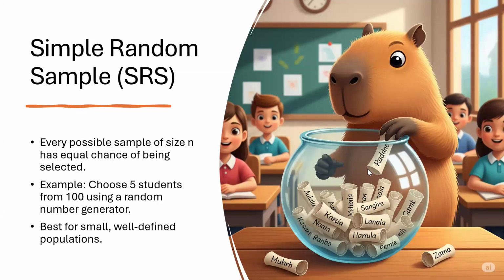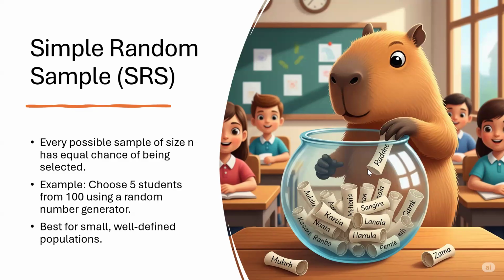A simple random sample gives every possible group of individuals the same chance of being selected. It's the statistical gold standard. Imagine writing the names of all 100 students in your class on slips of paper, putting them in a bowl, and pulling out 10. That's simple random sampling, or SRS.